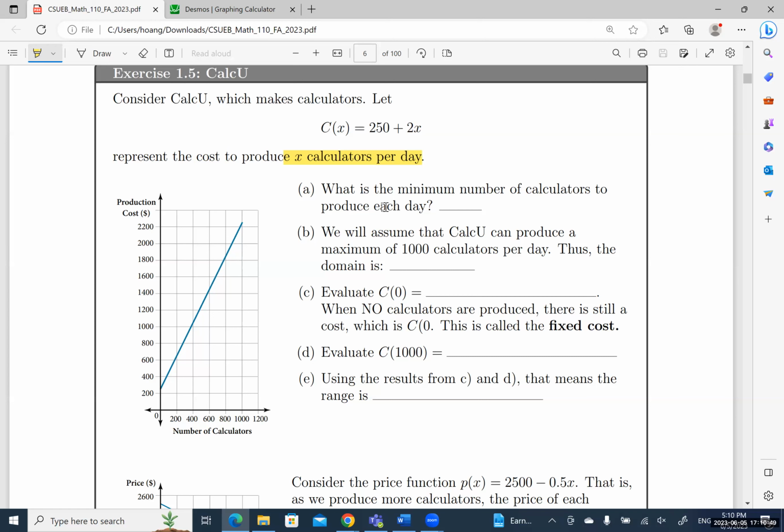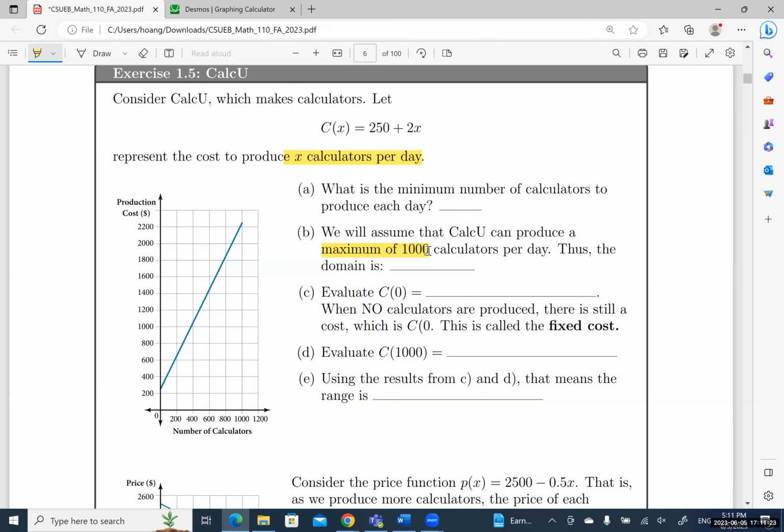And since that, you move to B, say we assume that calculators can produce a maximum. So right now you are given the maximum capacity, always 1,000 calculators per day. So that will be the X max.